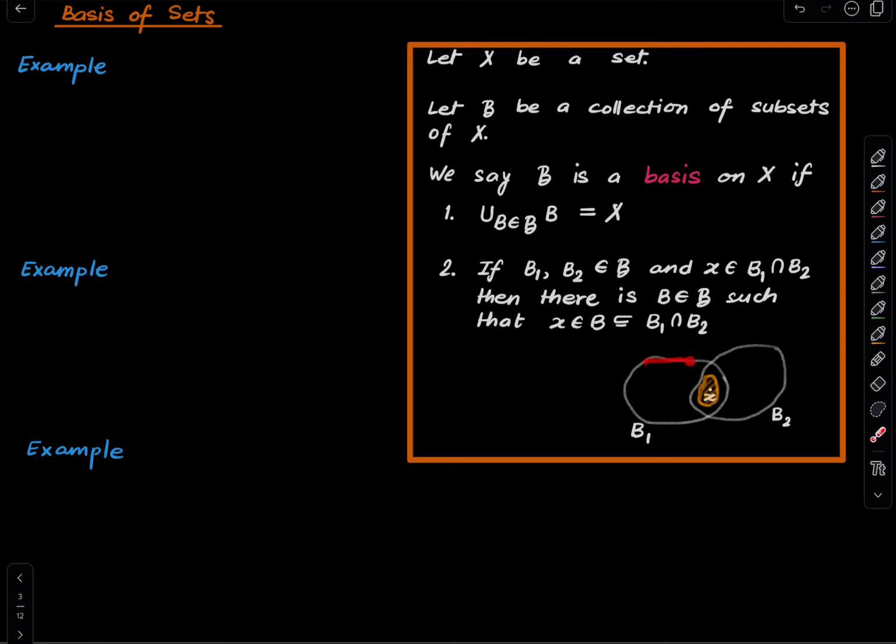So whenever two elements in script B intersect and we choose a point in the intersection, we can always find some element in script B which contains the point x and is contained in the intersection.